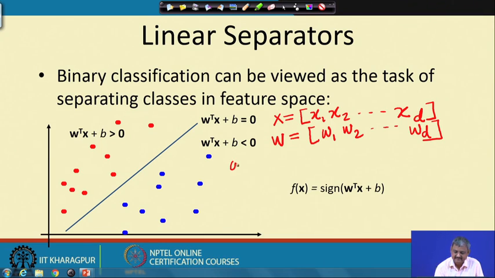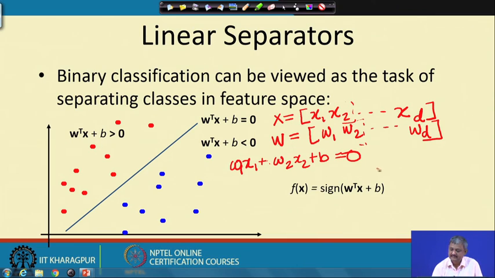Then another way of writing this equation is this. For 2 dimensions, if you take the W vector and the x vector, this is nothing but the transpose of the W vector into the x vector.